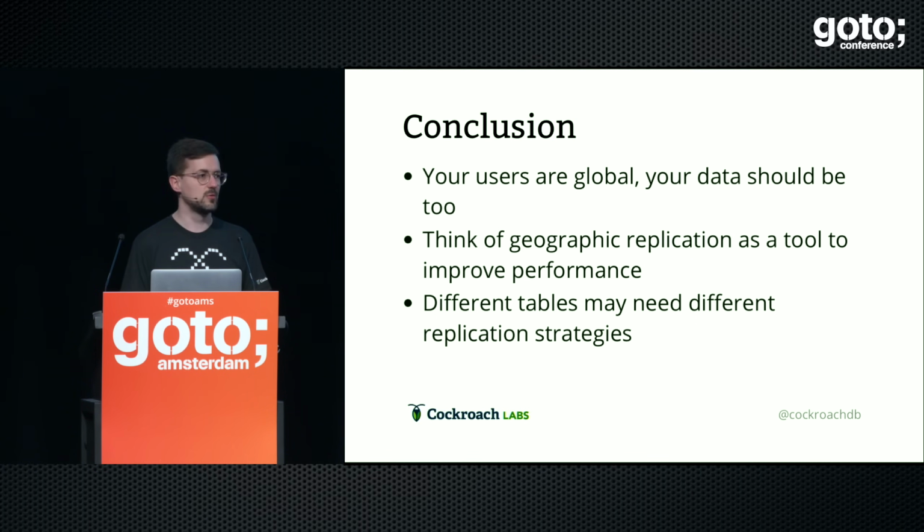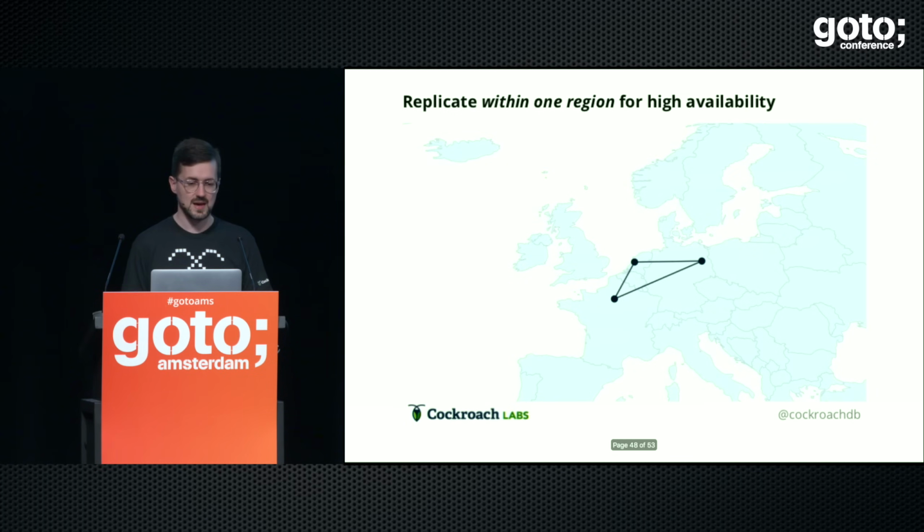So we've looked at 3 different replication patterns in this talk. To recap, if you're mainly concerned about high availability, then you actually don't want to bother with global geographic distribution. You want to just keep your servers close together in a single region. This is going to give you the best write performance, and as long as your data or your users are mostly coming from a particular region, then that's all you need.